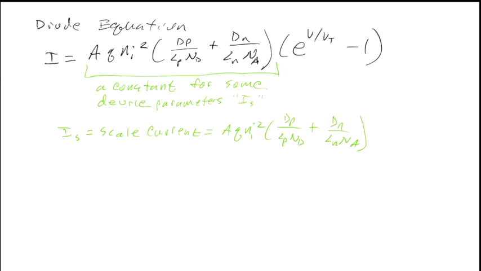So as a designer, it would be a relatively rare situation for you to have any idea what the area of a diode is or to care about it. So it's almost always something that the factory gives you. And with that, we can then write the diode equation as I is equal to IS, scale current, times e to the V over VT minus 1.